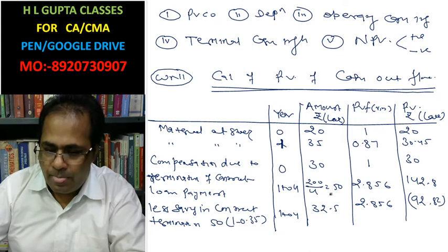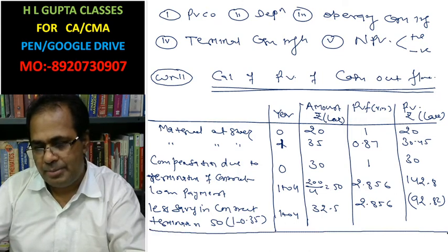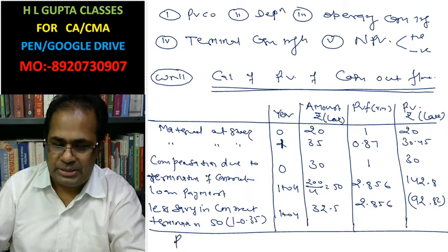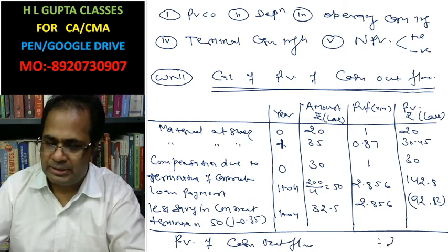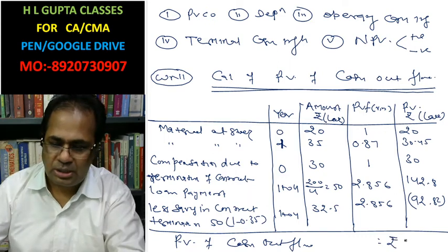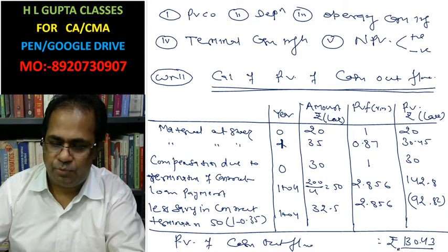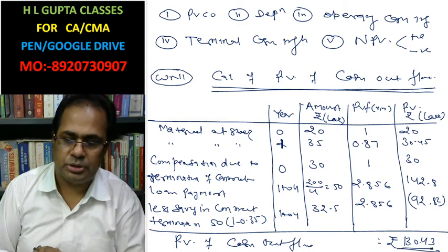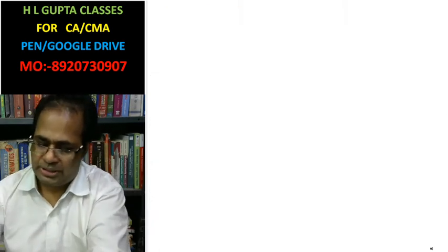Now the present value of cash outflow can be calculated as rupees 130.43. Now we need to calculate depreciation. Working note second.